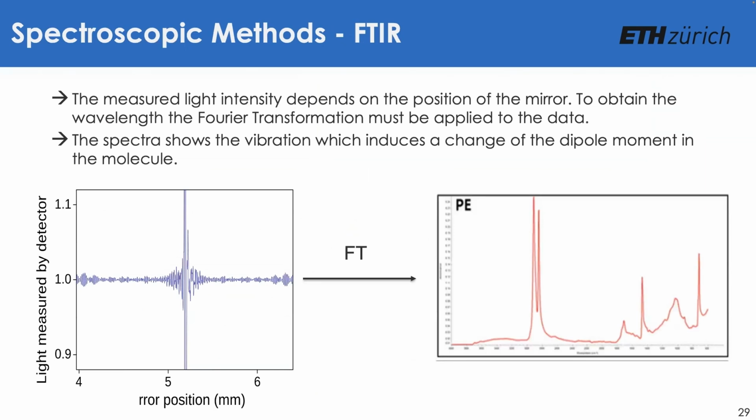So the measured light intensity which hit our sample is the Fourier transformation that has to be then applied into the specific polymer. And the spectra shows the vibration, which is inducing a change in the dipole moment of a specific polymer.